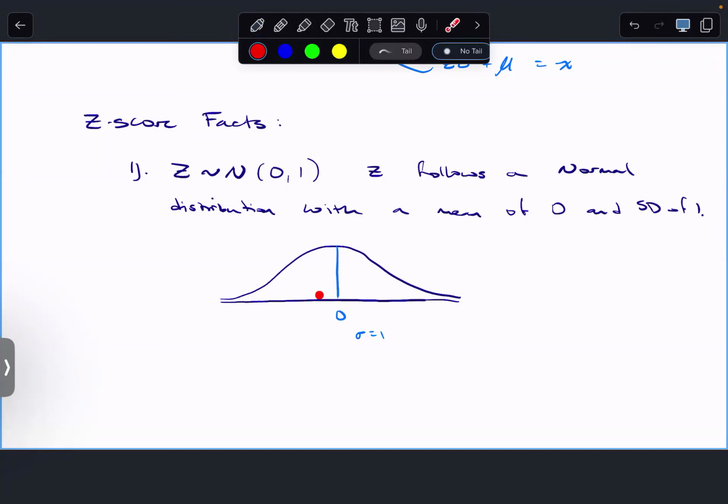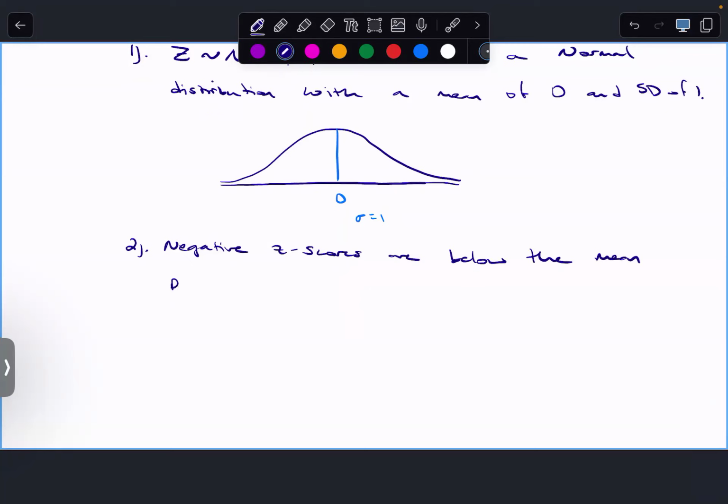And so the second fact is that negative z-scores are below the mean. And vice versa, positive z-scores are above the mean. We've already seen that, but it's nice to have it all kind of laid out for us.